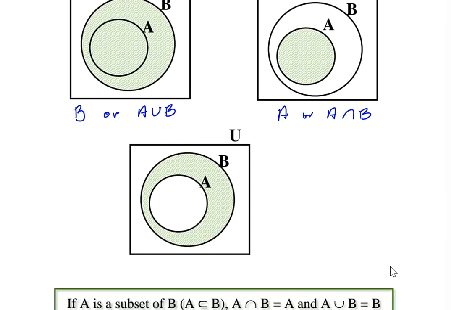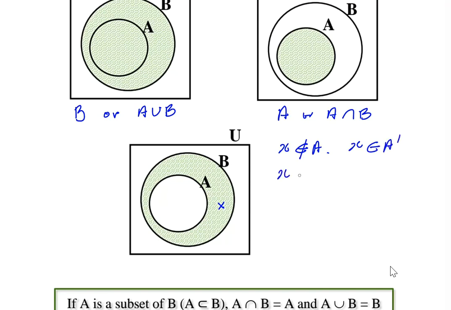In diagram 3, we note carefully that the shaded region is in B, but it's not in A. Let's say I'm going to put an element in it, X. We can see clearly that X is not an element of A. Now, if X is not an element of A, X is automatically an element of A complement.